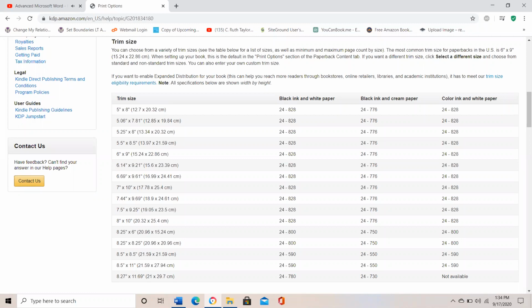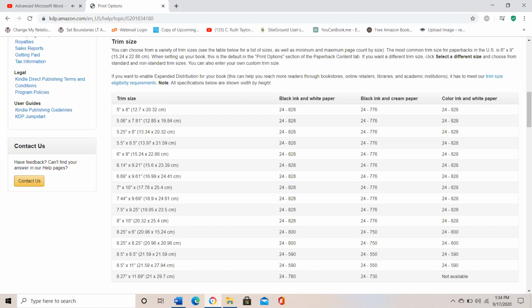If you choose sizes smaller than these, Amazon will not distribute your book across its expanded distribution, meaning other bookstores and online retailers, libraries and academic institutions. They have particular book sizes or trim sizes, and if you're going to publish through Amazon, those are not allowed.